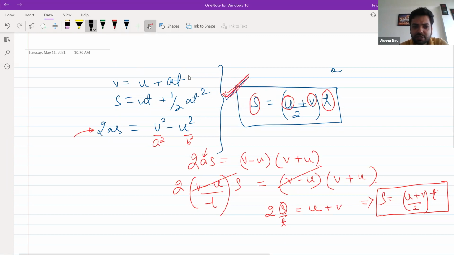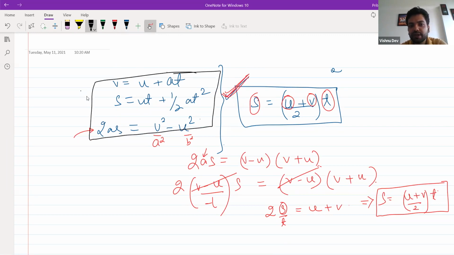These three are the standard equations of motion, and all the questions can be done based on them. But this is also an alternative one we can remember as well. It's up to you. Even if we do not remember this, we will still be able to do the questions, because we have derived this equation from these equations only.